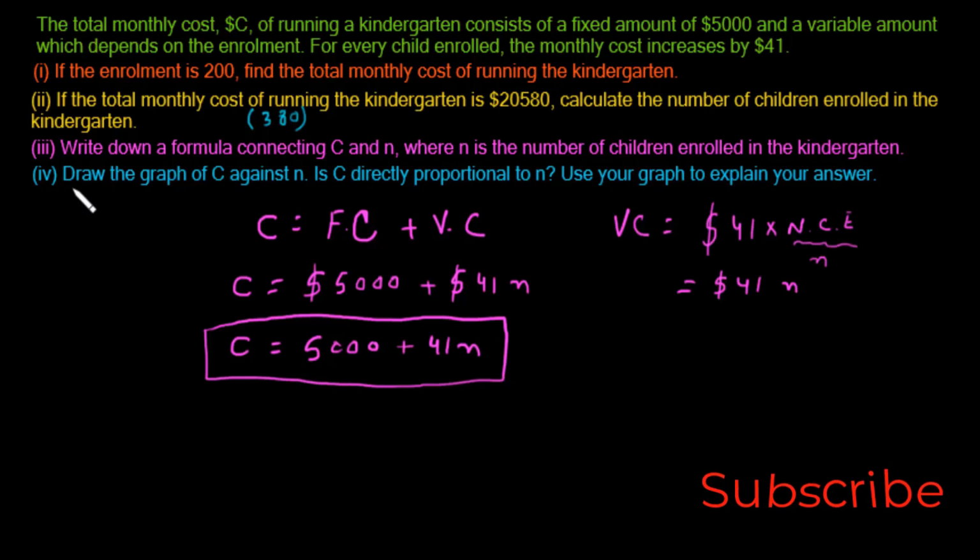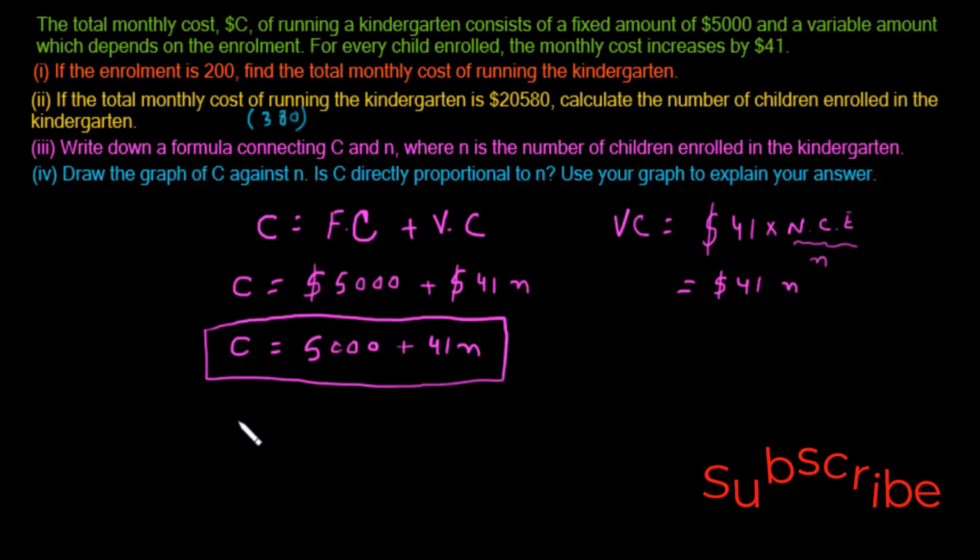Now in this part they say draw the graph of C against n. Is C directly proportional to n? Use your graph to explain your answer. This is the core part of this question, and before showing you the graphical characteristics of this equation, one thing I want to tell you is that I will have to draw the graph of C against n.